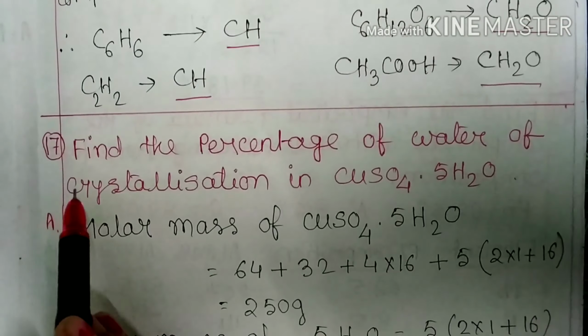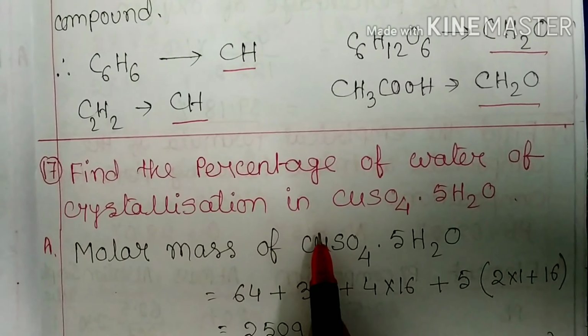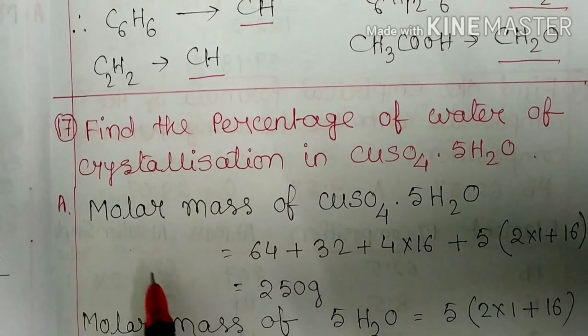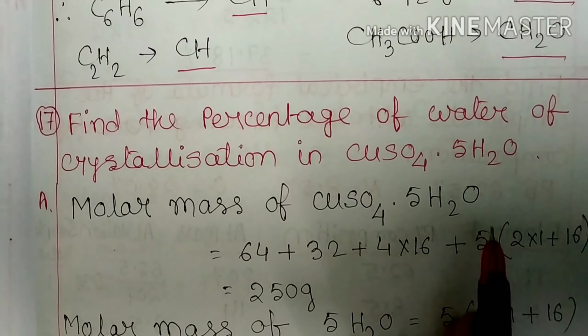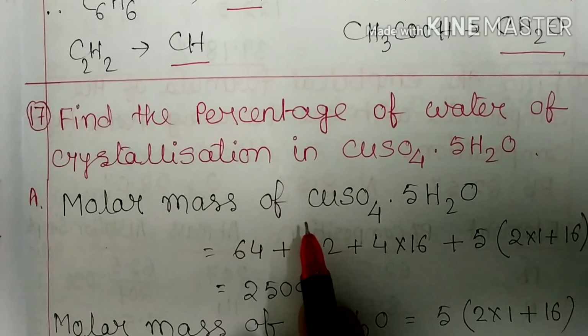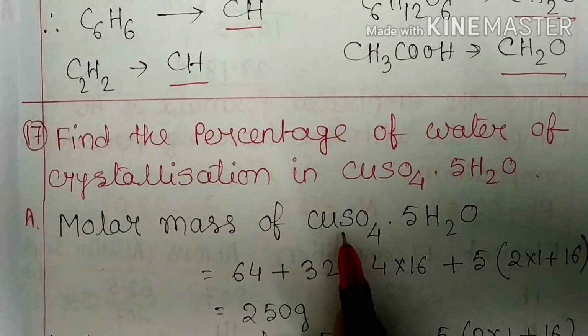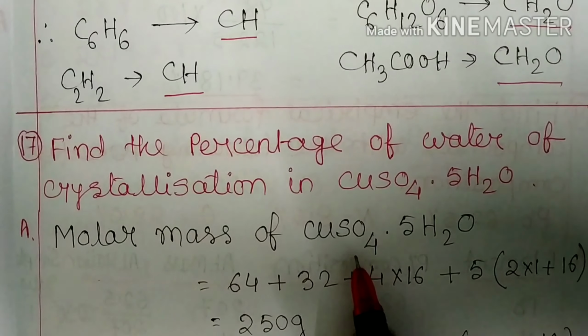Next, number 17. Find the percentage of water of crystallization in CuSO4.5H2O. First, the molecular mass of CuSO4.5H2O equals to the mass of copper equals to 64. And the mass of sulfur is 32, and here number of oxygen atom 4.